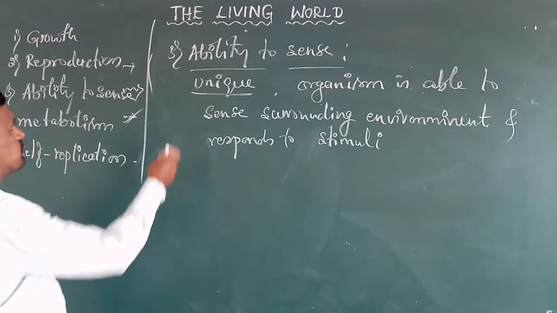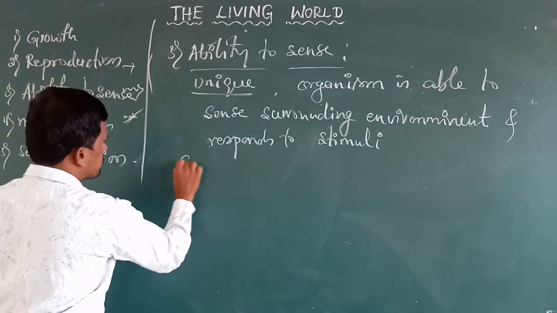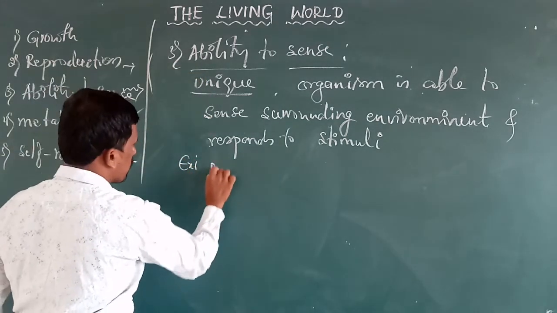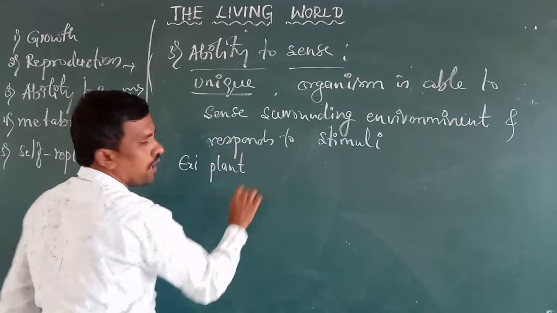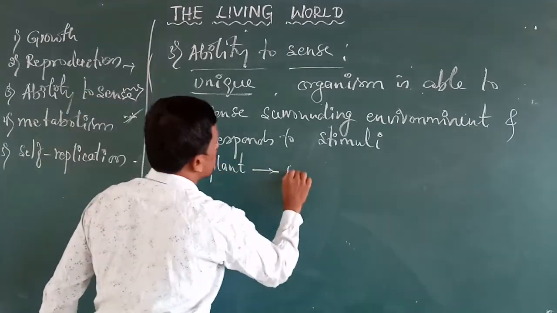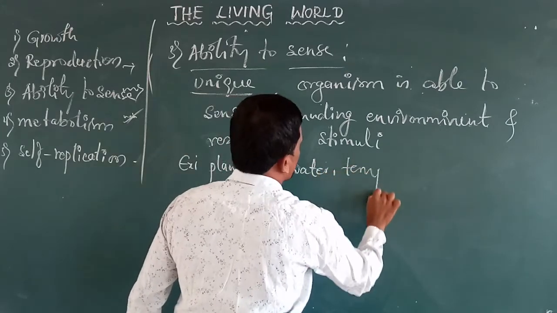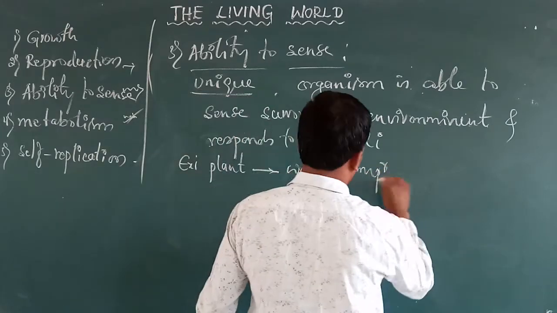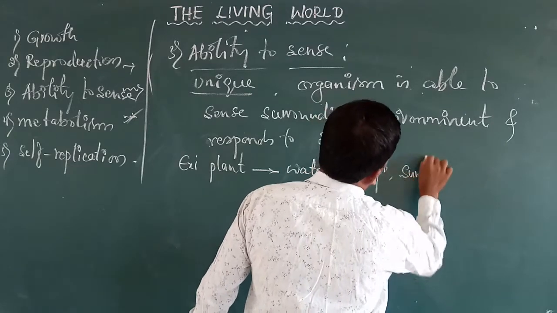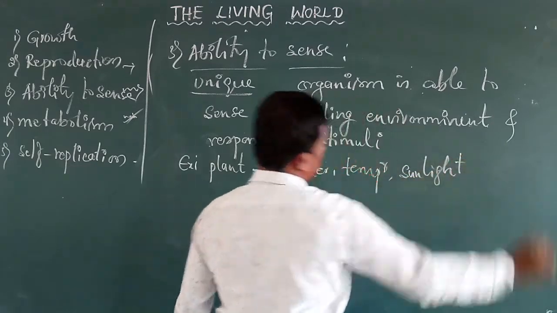Examples for ability to sense: plants are able to sense water, temperature and sunlight.